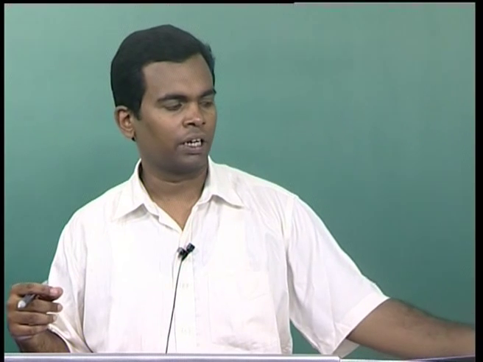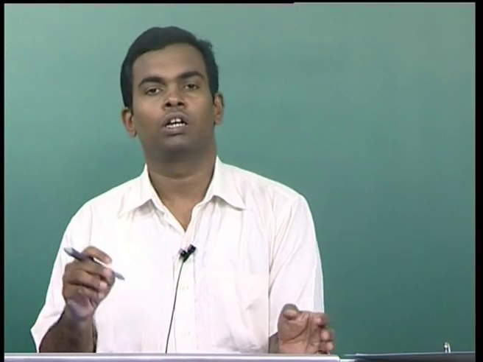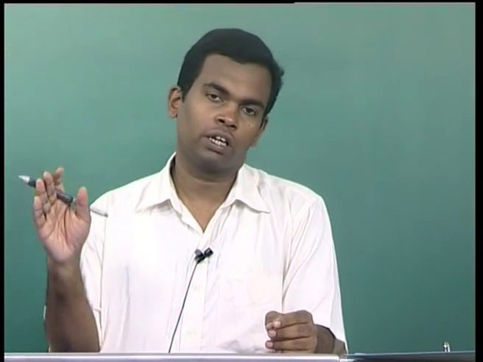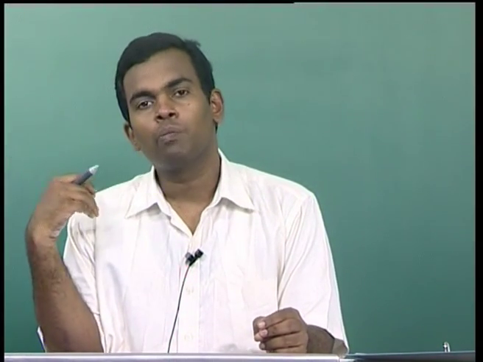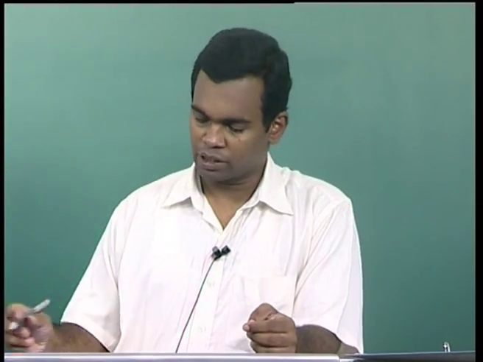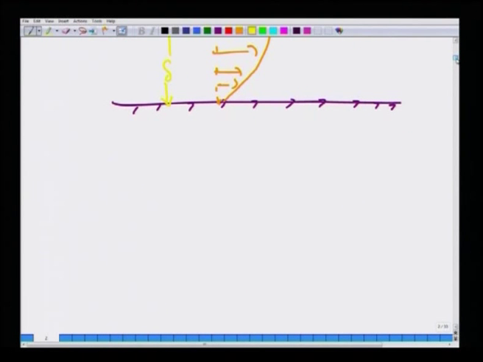Since the approach is asymptotic, it will take an infinitely long distance to approach, truly speaking, the actual free stream velocity, but you can approach 99 or 99.9 or 99.99% fairly quickly, and that is a matter of definition. Okay. So, the other definition is what is called the displacement thickness.